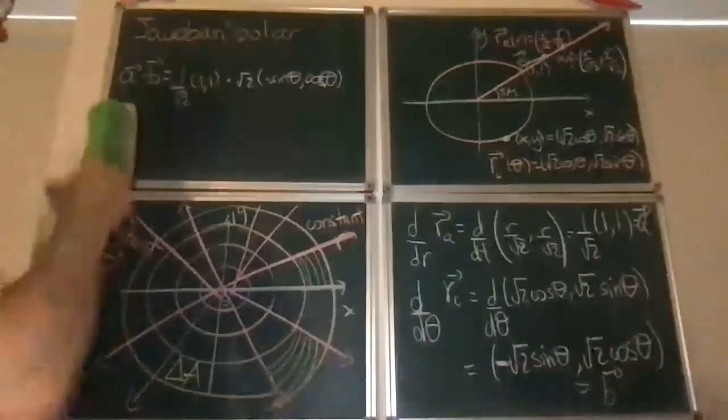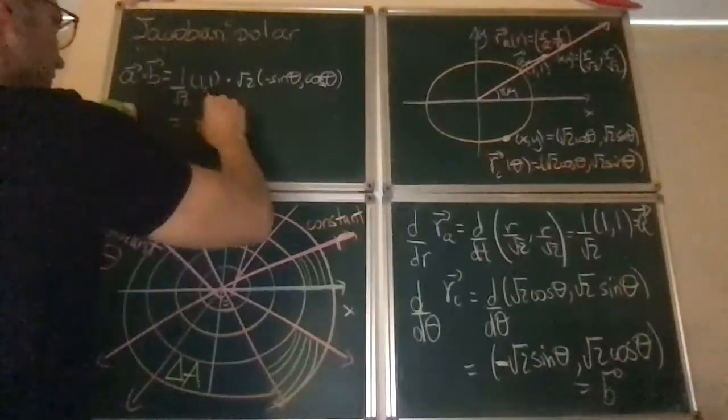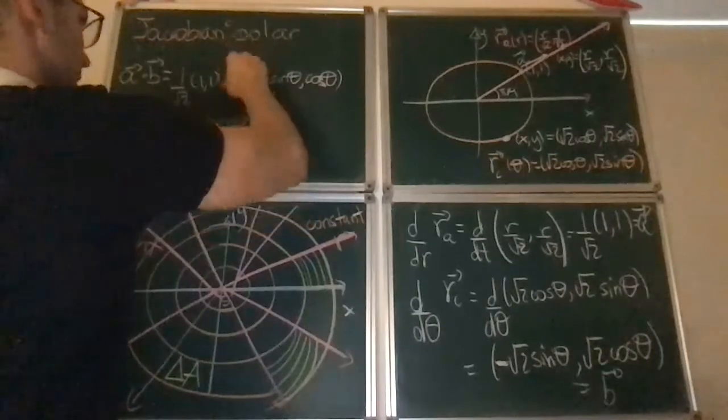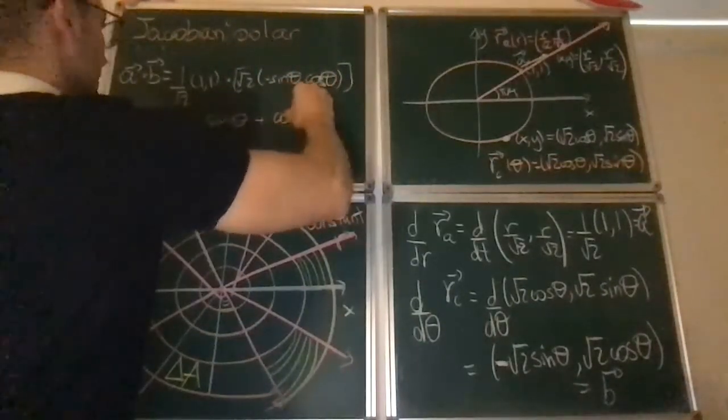So the square roots cancel and you get negative sine of theta plus cosine of theta.